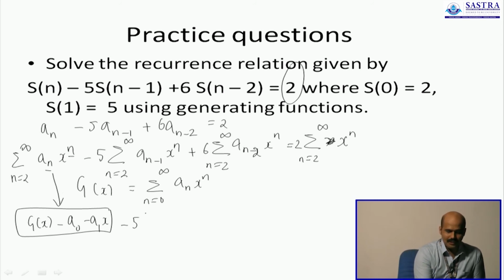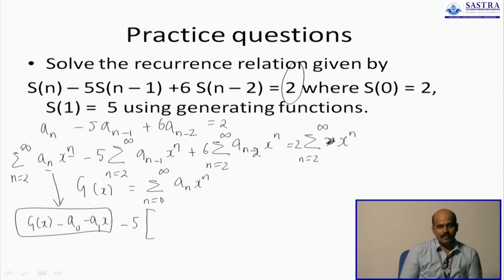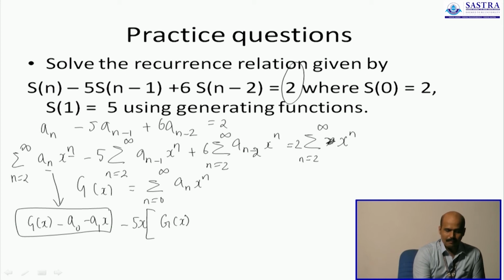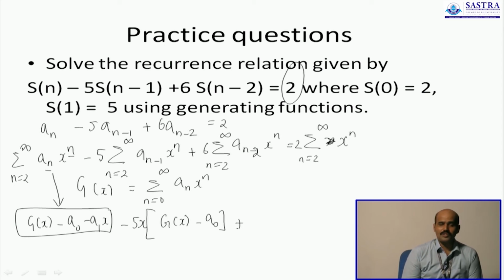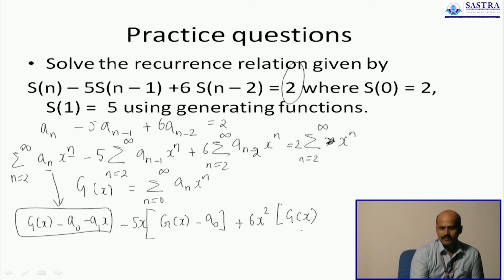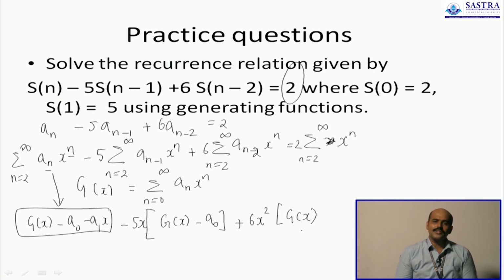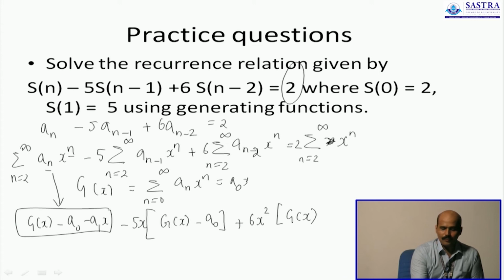The next one is minus 5 times, this time we will have to remove only the first term after factoring out the x outside, that is going to be g of x minus a naught. The last one we do not have to do any adjustment except for factoring x square out, so 6 times x square times simply g of x, because once you adjust the indices you will see that it exactly starts with a naught x power 0, a1 x power 1 plus a2 x squared, so on and so forth.